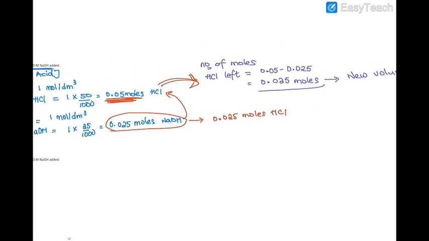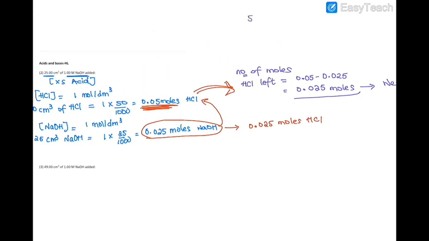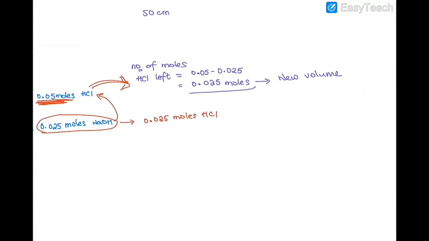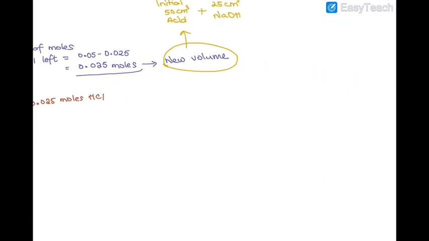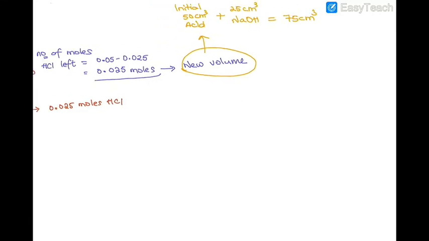So what's the new volume? We initially had 50 centimeter cube of acid, and to this we have added 25 centimeter cube of NaOH. So what's our new total volume? That's 75 centimeter cube.